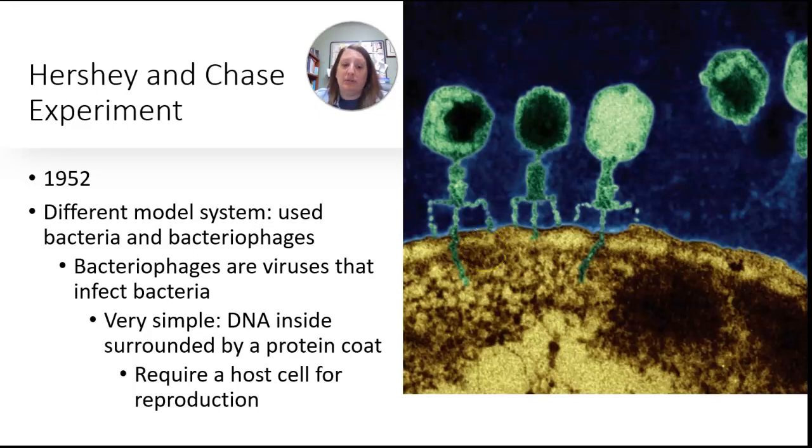Bacteriophages are very simple. Okay, they are going to have DNA inside, and that DNA will be surrounded by a protein coat. Okay, and in this picture, you can actually see the bacteriophage sitting on top of this bacterial cell, and you can actually see this green material. It's coming out of the bacteriophage and going into the bacteria, here, here, and here.